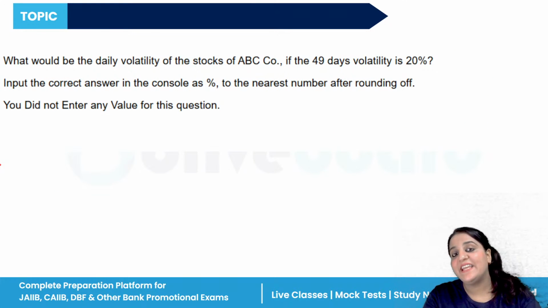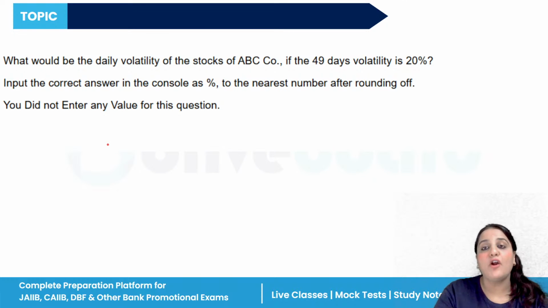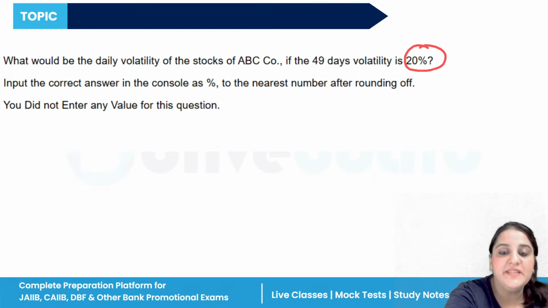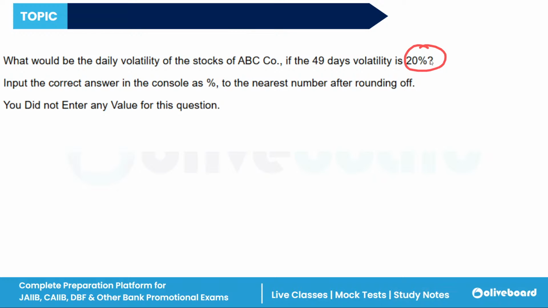What would be the daily volatility of the stock of ABC company if the 49 days volatility is 20%? So what will be the answer here? Just apply the formula and give the answer.